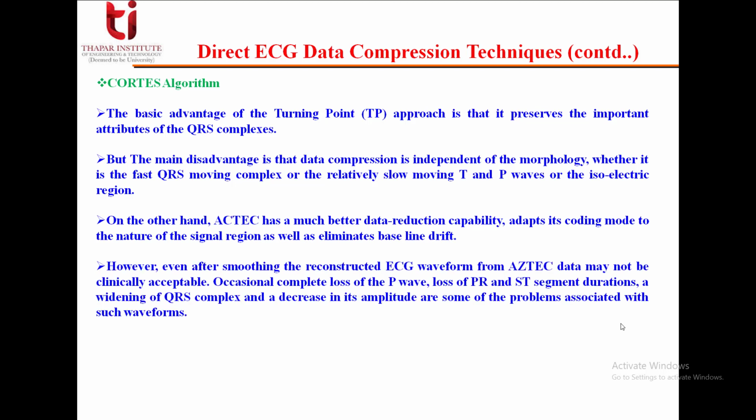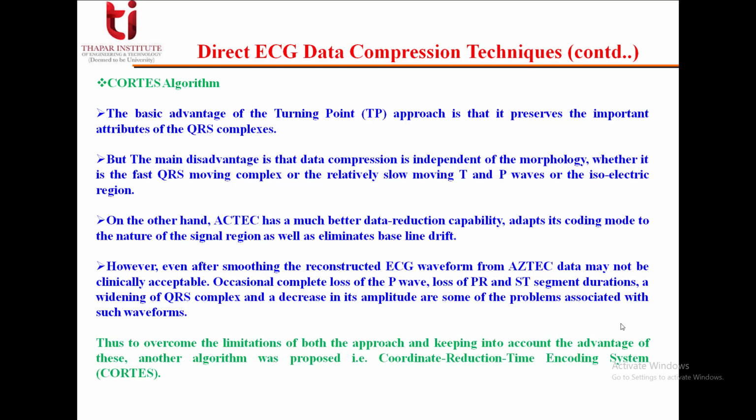However, even after smoothing, the reconstructed ECG waveform from AZTEC data may not be clinically acceptable. Occasional complete loss of the P wave, loss of PR and ST segment durations, a widening of the QRS complex, and a decrease in its amplitude are some of the problems associated with such waveforms.